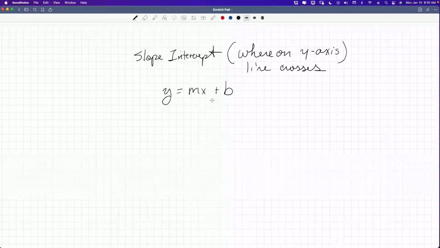That is why we like this format, because it's really easy to read. It makes our life a whole lot easier when we're trying to graph a line. The point that tells us where on the y-axis the line crosses is this plus b right here. This is the y-intercept point.